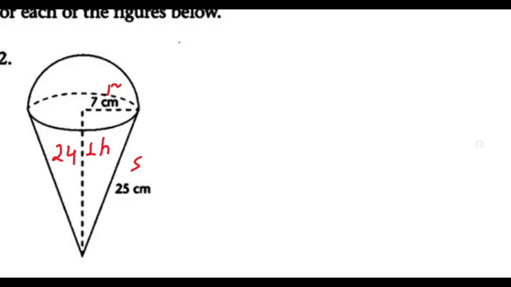Now we need to find the total surface area, or surface area, same thing. I'm going to have to modify the formula now. So I'm only going to use the lateral surface area.